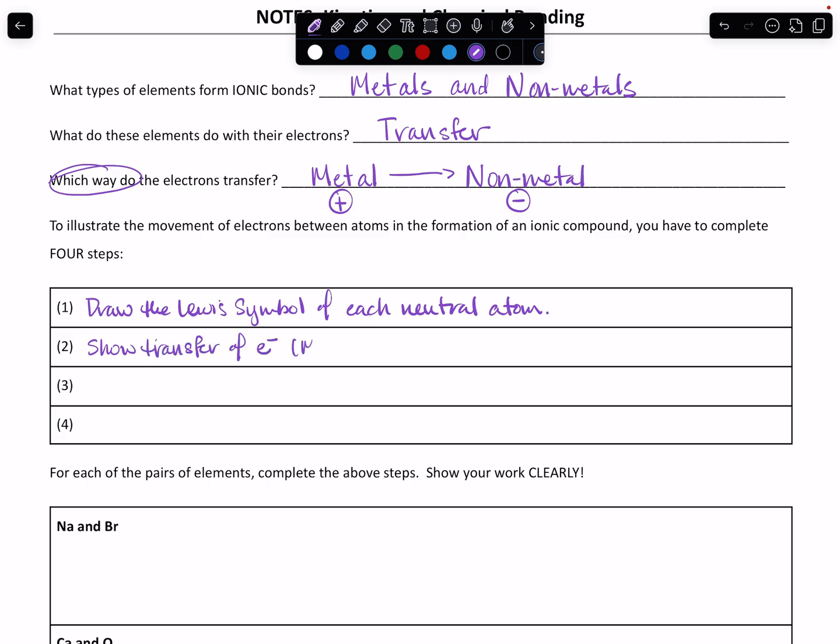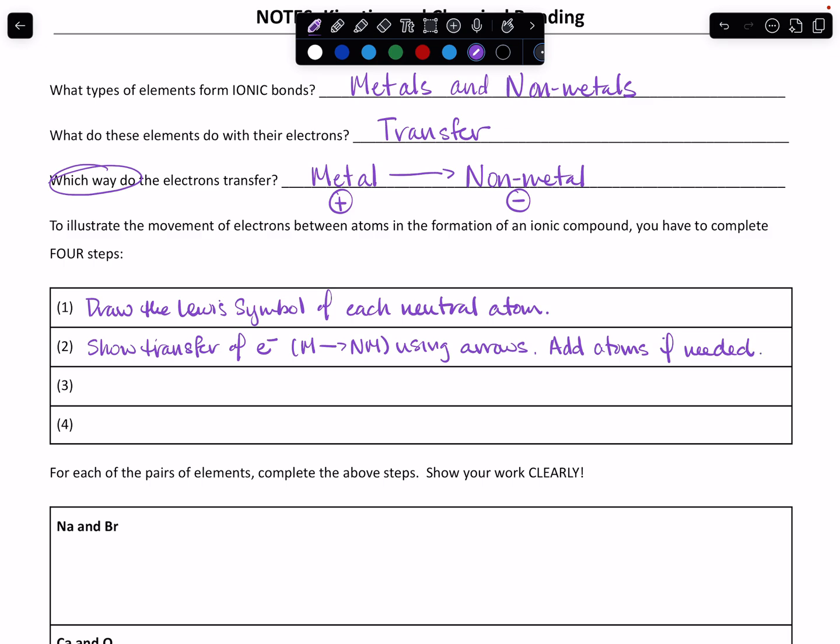And remember that transfer is metal to non-metal. And we're going to use arrows to show that movement. If needed, you're going to add more atoms. And we'll talk about that when we do a couple of examples below.